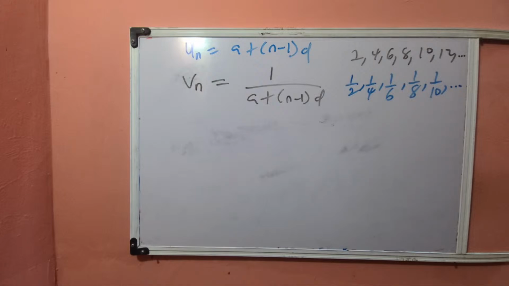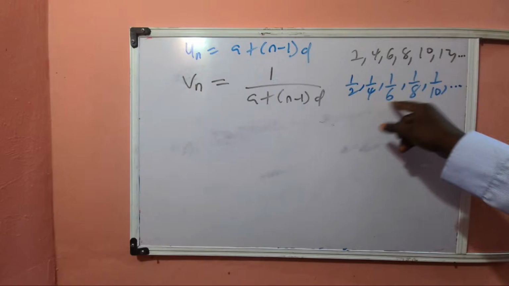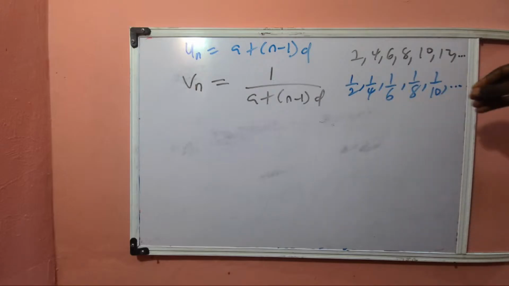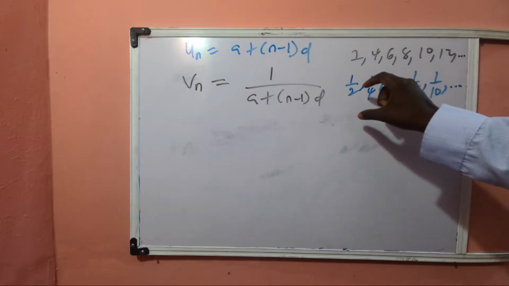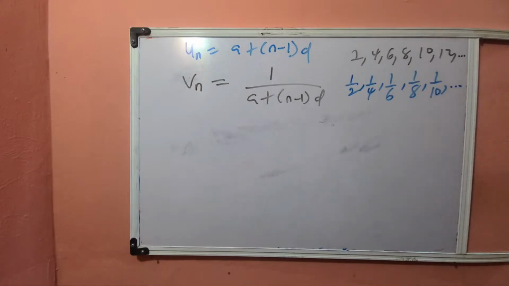Of course, you remember that an AP has a common difference. So once it has a common difference and you can relate that to an AP, then it is a harmonic sequence. But in any case where one or two of those terms do not establish an arithmetic sequence, I mean the denominator, you cannot call that a harmonic sequence.